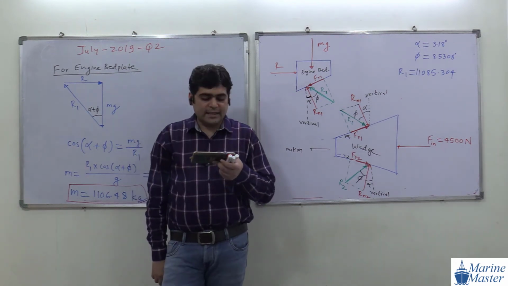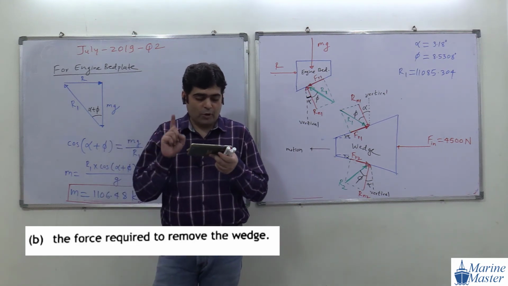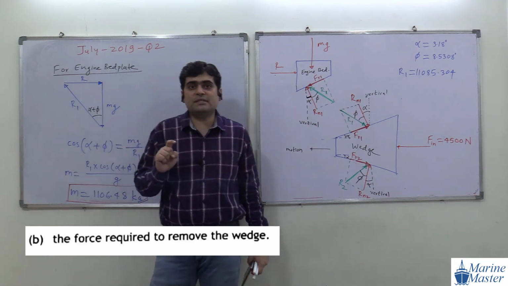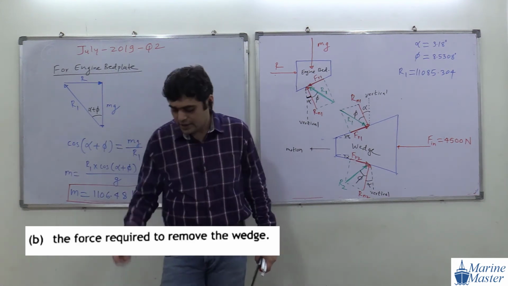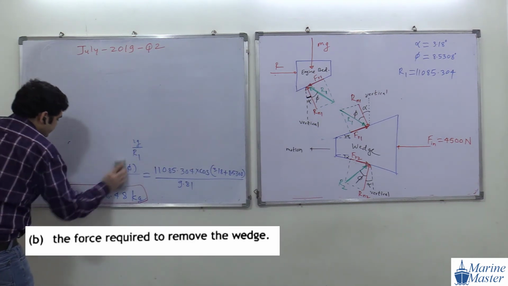Now what are they asking us in the B part? See the B part here: the force required to remove the wedge. They are asking us for F out. I am going to draw the drawing of our scenario.